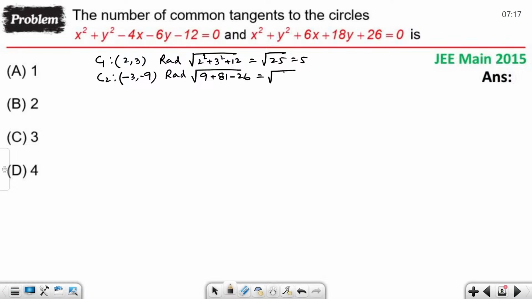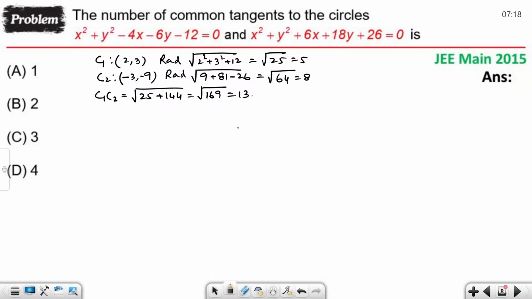So that gives us root over 64, which is 8. Now let us find the distance between the two centers. This equals root over 25 plus 144, so that gives us root over 169, which is 13.